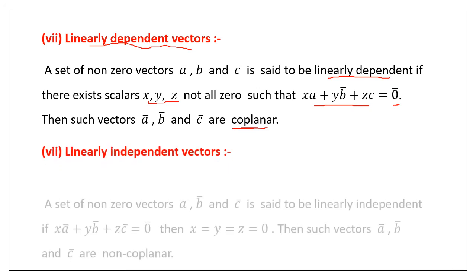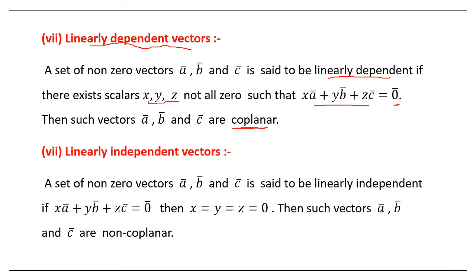Linearly independent vectors. A set of non-zero vectors a bar, b bar and c bar are said to be linearly independent, which do not depend on each other, if their linear combination equals 0 bar, then x equals y equals z equals 0, means all the three scalars equal 0.